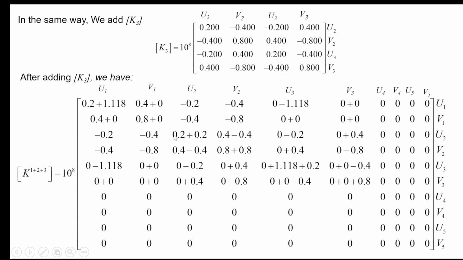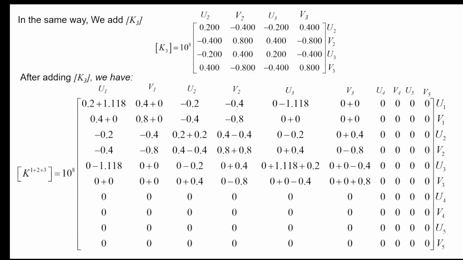Remember, there was already 0.2 there, which was most likely from the stiffness matrix of either member 1 or member 2. So we positioned all the components of the stiffness matrix of member 3 in this. And we do the same for member 4, member 5, member 6.